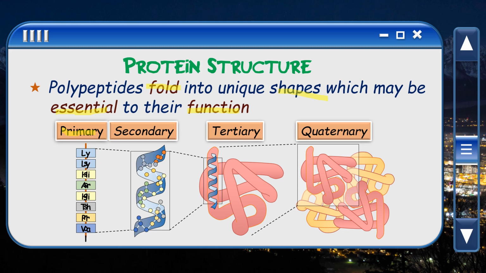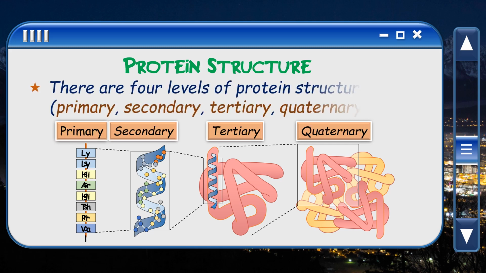We have the primary polypeptide, secondary proteins or polypeptide, tertiary polypeptide, and then quaternary proteins. We are going to look at them each one individually. There are 4 levels of protein structures: the primary, the secondary, tertiary, and quaternary.